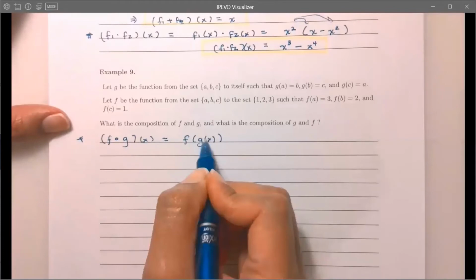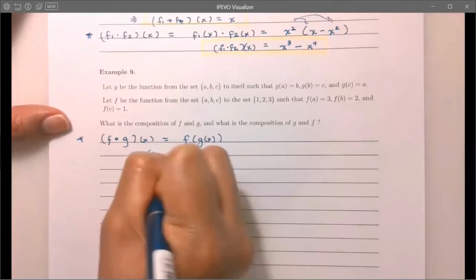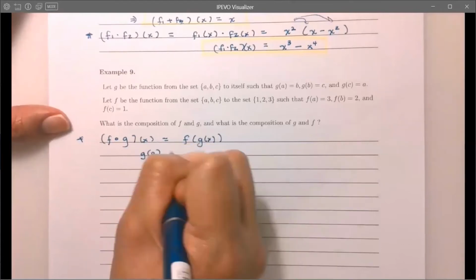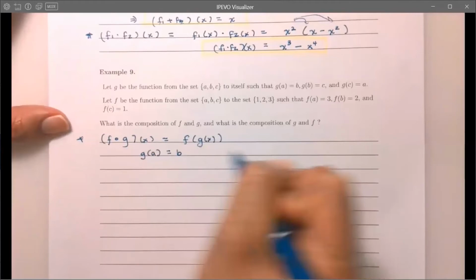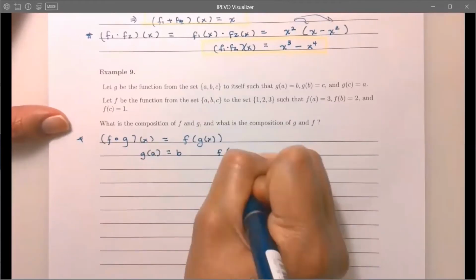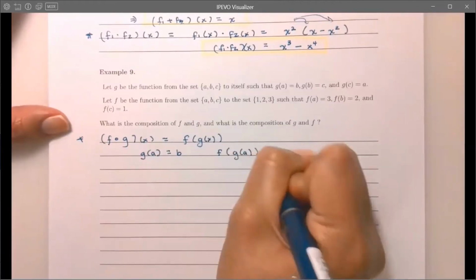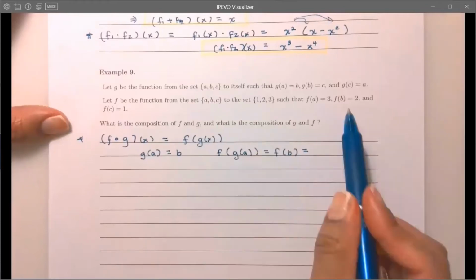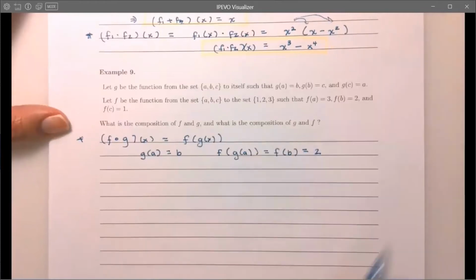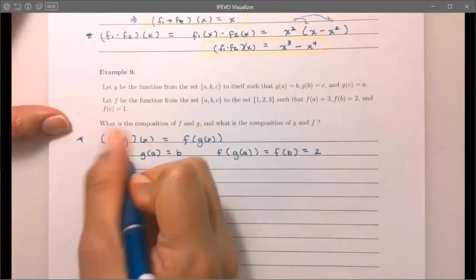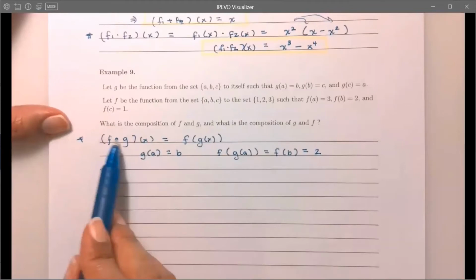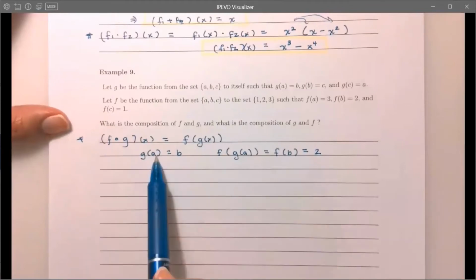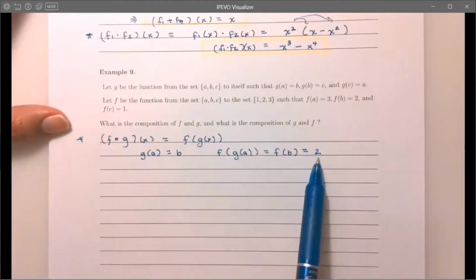G is defined for A, and it gets mapped to B. So that means that f of g of A is equal to f of B, which is equal to 2. So ultimately, when you have the composition f of g of A, that is going to be mapped to 2.